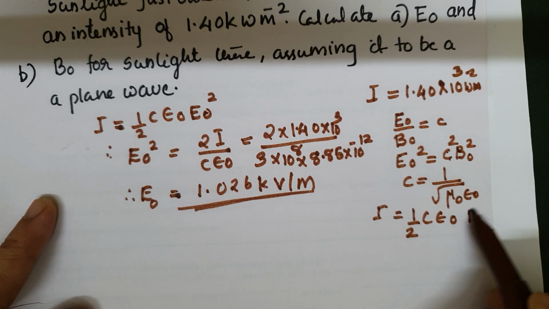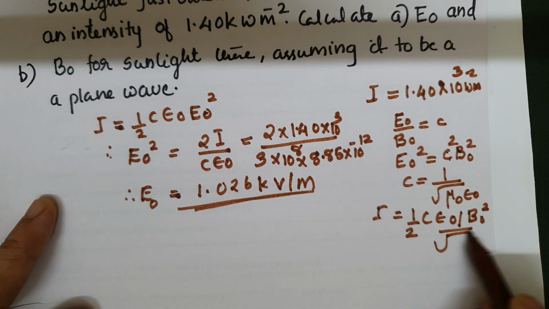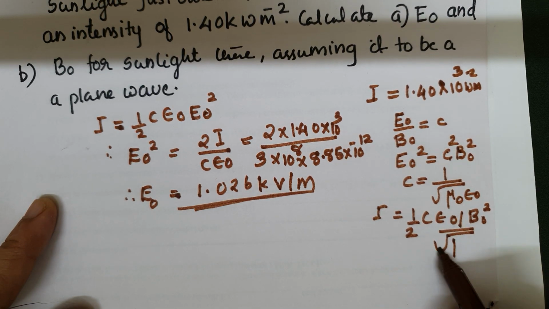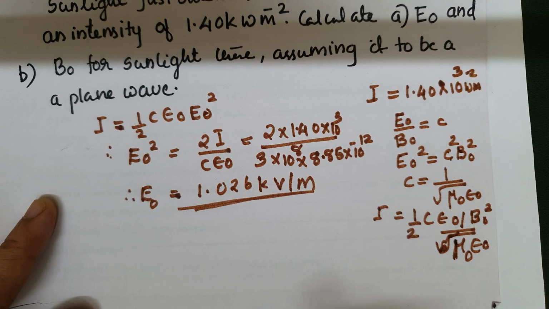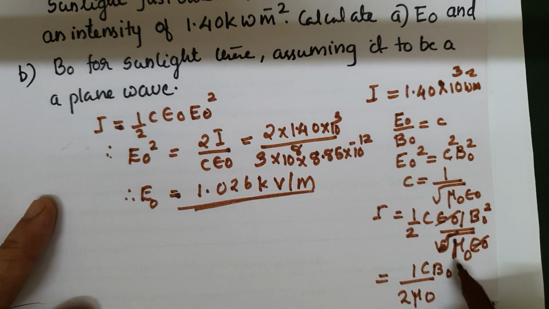Then instead of c square, we can write 1 by mu 0 epsilon 0. This mu 0 and mu 0 will cancel and it will give 1 by 2 mu 0 c B0 square.